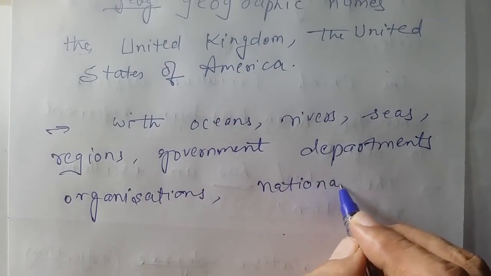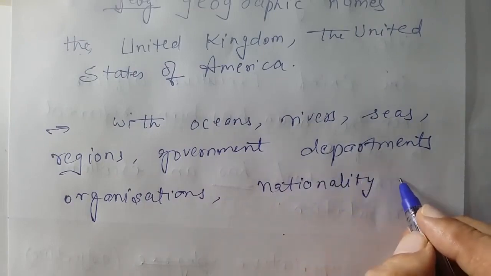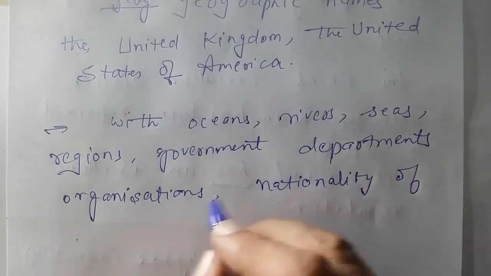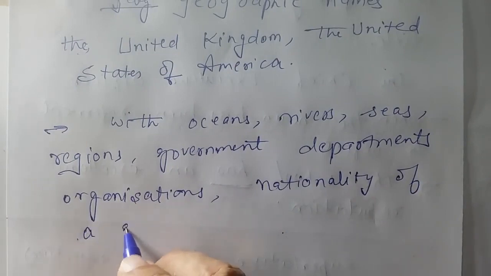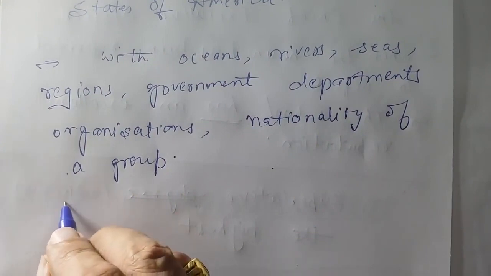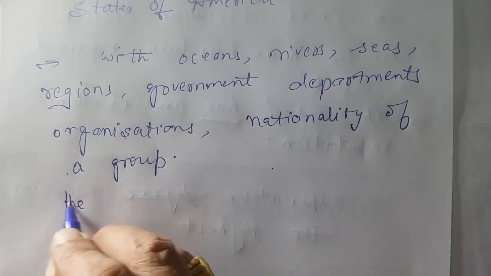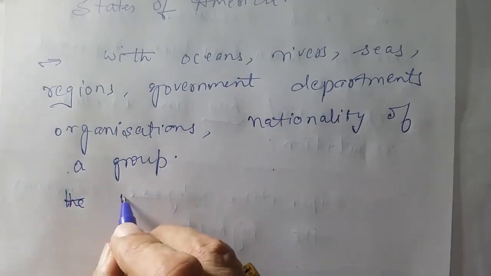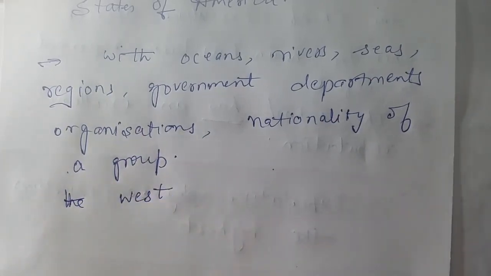Nationality, right, of a group. How? First of all, oceans, rivers, you know, right? I'll give you the example of directions also, sometimes when they are representing regions only. The west, right? I am using nationality of a group also, right?